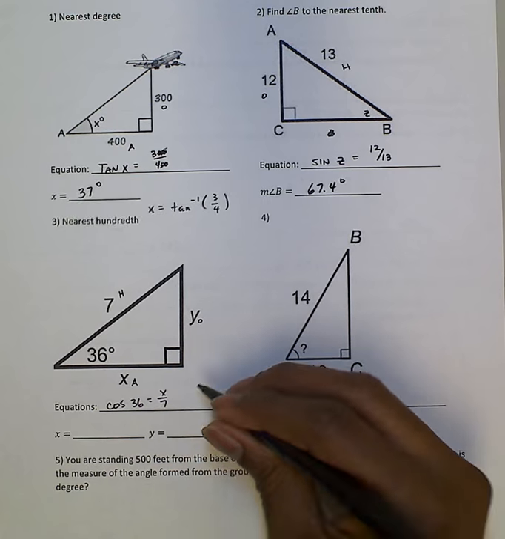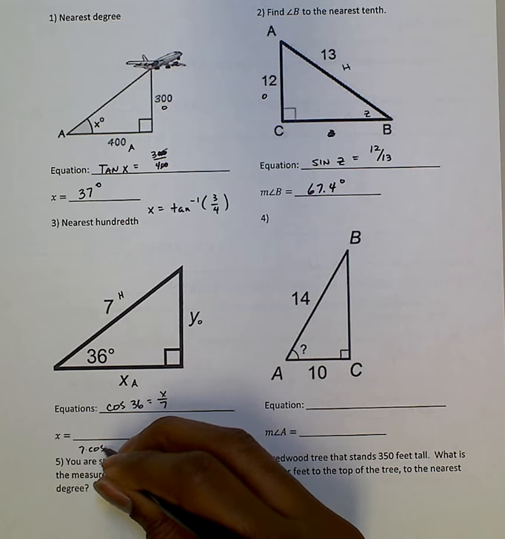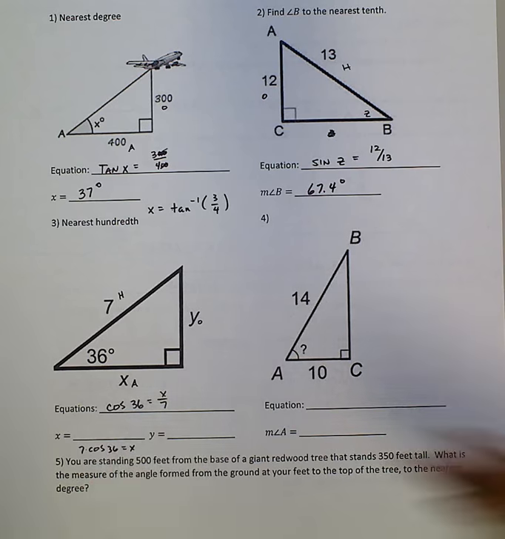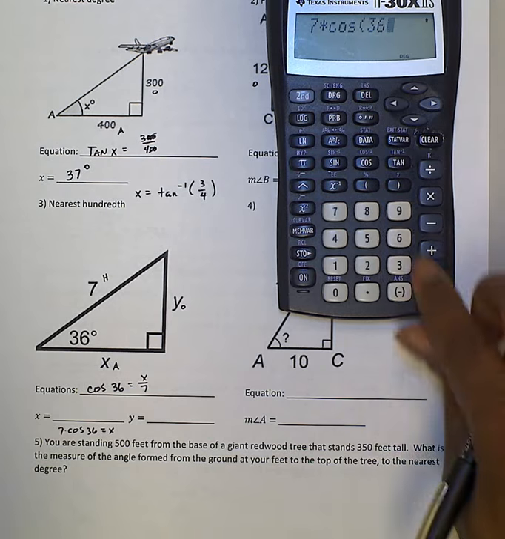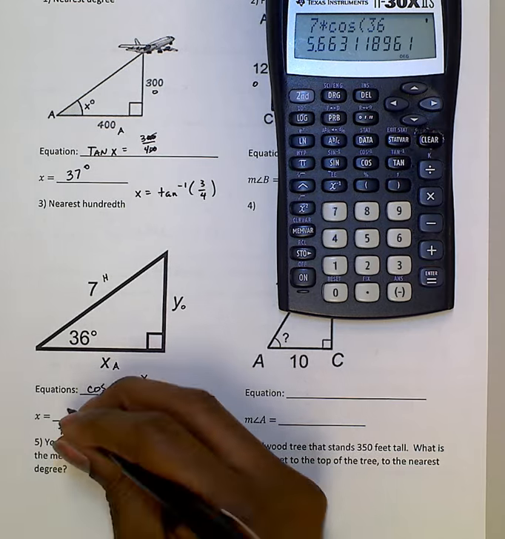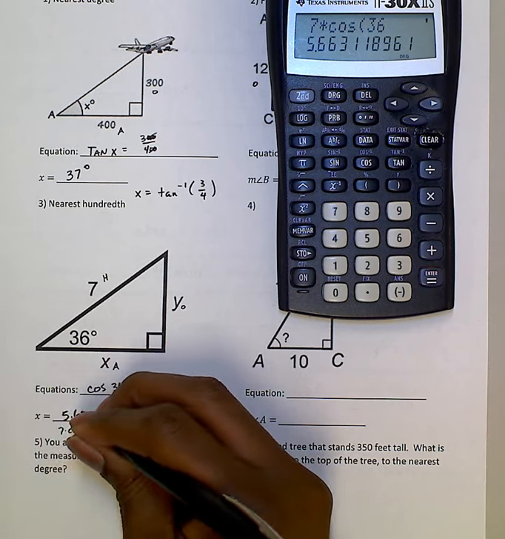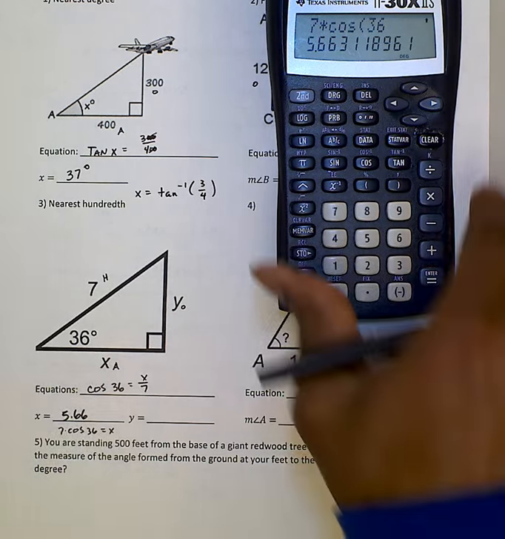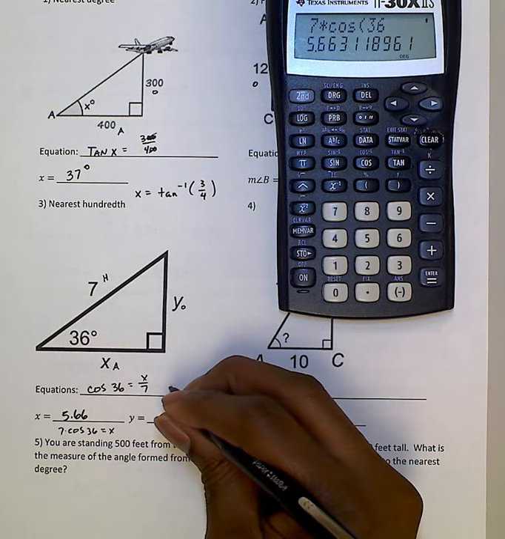I'll go ahead and solve that. That's 7 times cosine 36 will give us x. 7 times cosine 36 is 5.66 to the nearest hundredth. That's 2 decimal places.